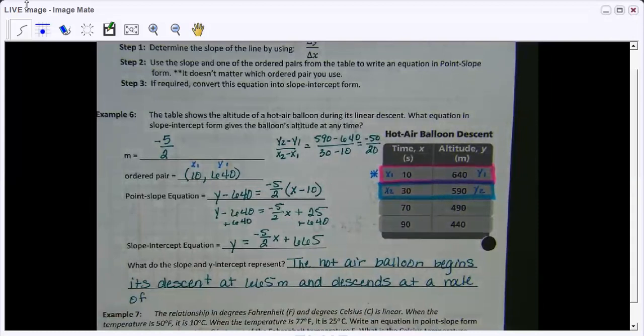We have to make sense of what that -5 halves is. Whenever we're talking about units of measurement or seconds, we don't usually do fractions like this. We would say that it descends to represent the negative. And then in this case, I would turn this into like a decimal or a mixed number and say 2.5 meters per second.